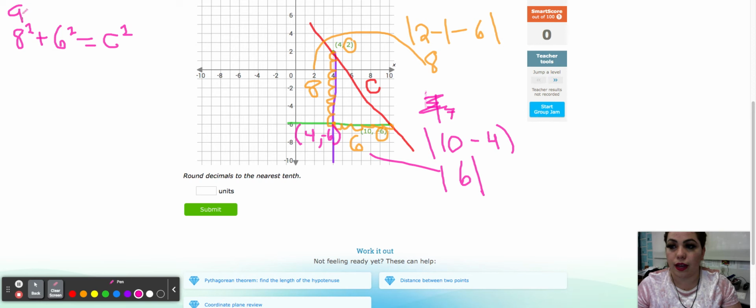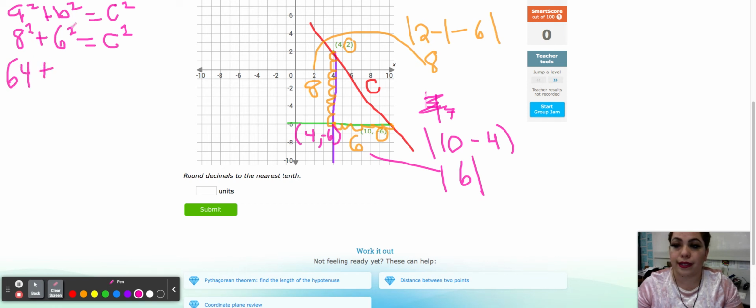With the formula A squared plus B squared equals C squared. All right, and the answer is 8 times 8 is 64, plus 6 times 6 is 36, and we bring down the C squared.